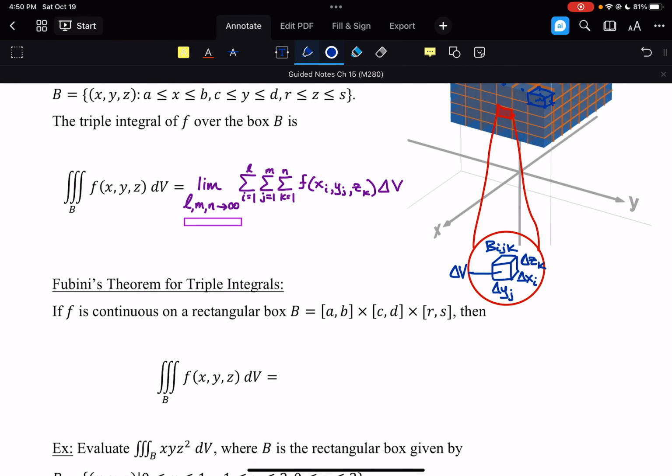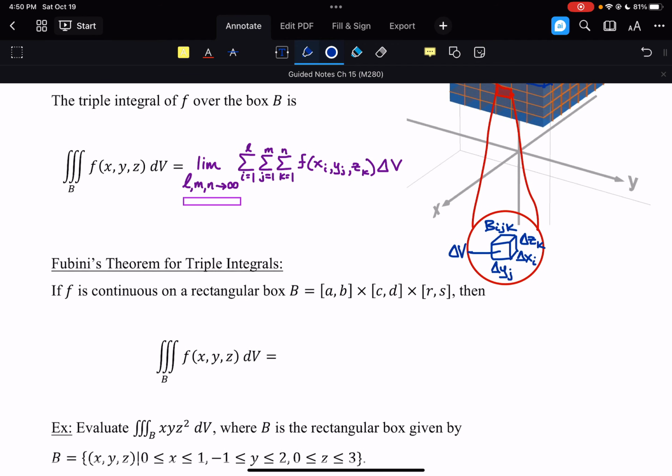So if we're working with a rectangular solid, we can apply Fubini's theorem again. Fubini's theorem will also work for triple integrals as long as we're working over a rectangular box, so all of the bounds are constants. If that's the case, we get the triple integral of f of x, y, z.